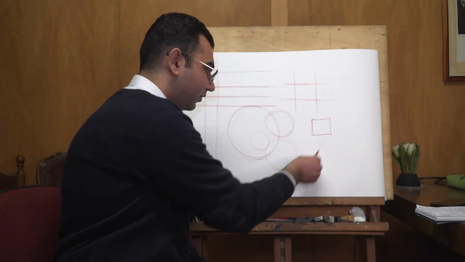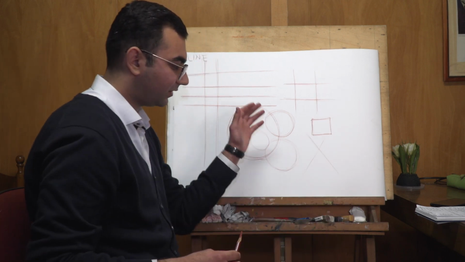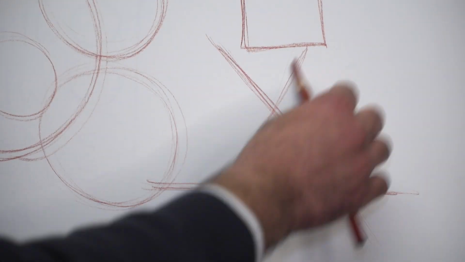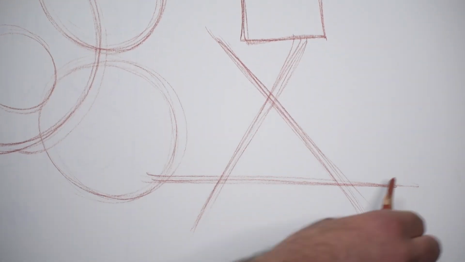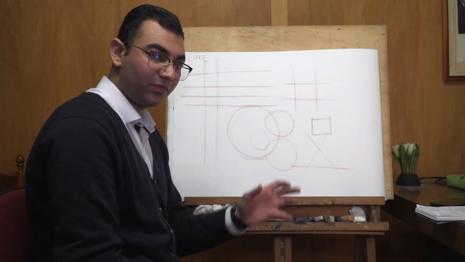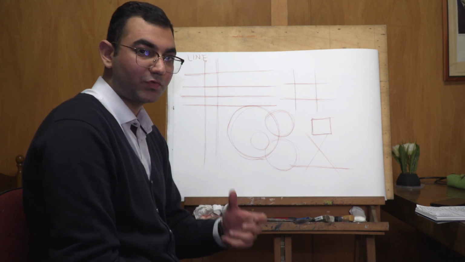You can see I'm moving my arm like this, and I'm using light lines. Okay, so that's the way you have to draw a triangle. So keep practicing these three shapes, and in the next part I'm going to explain how to draw volumes.